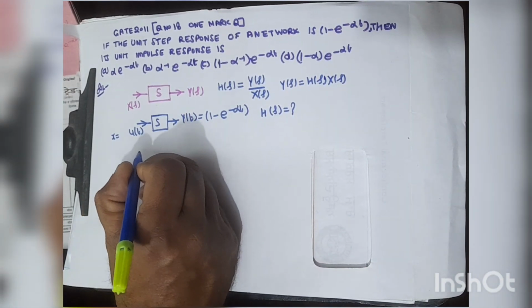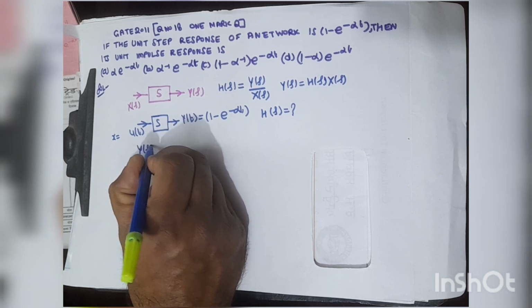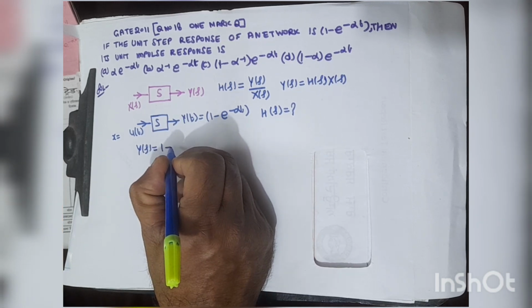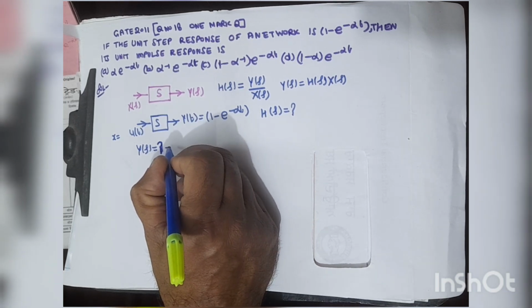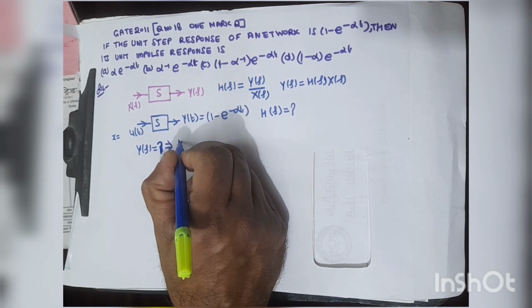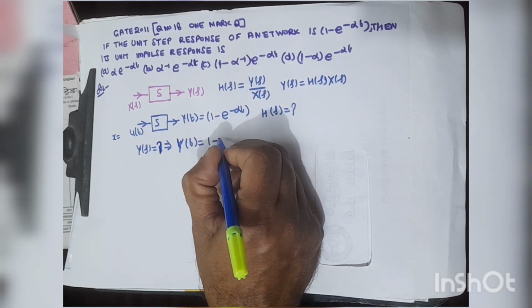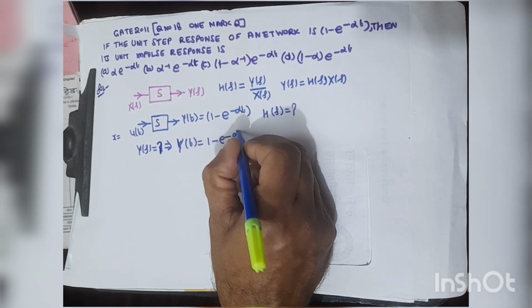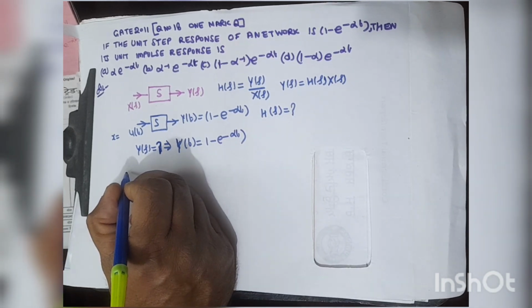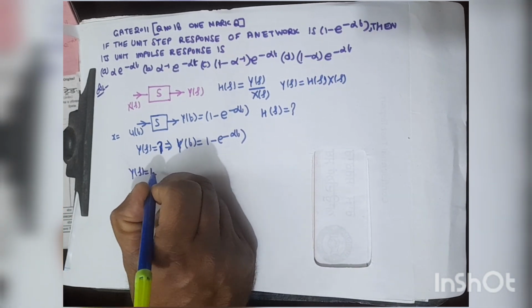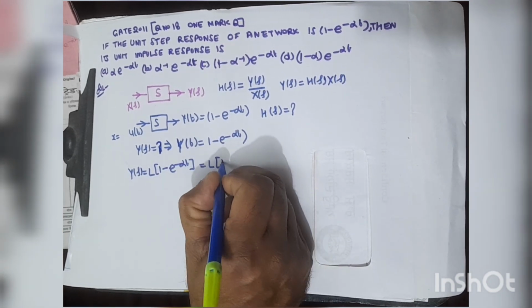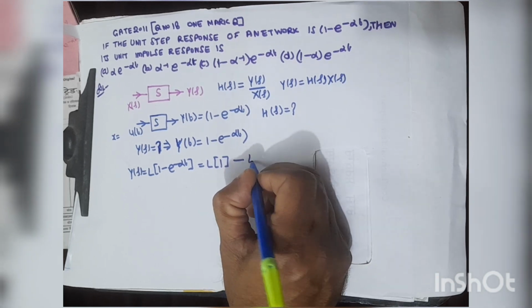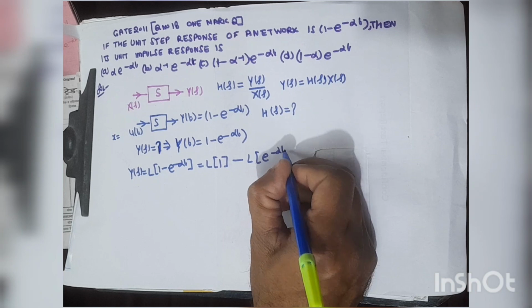So we have to calculate Y(s). The output y(t) is given as 1 minus e to the power minus alpha t, so Y(s) will be the Laplace transform of 1 minus the Laplace transform of e to the power minus alpha t.